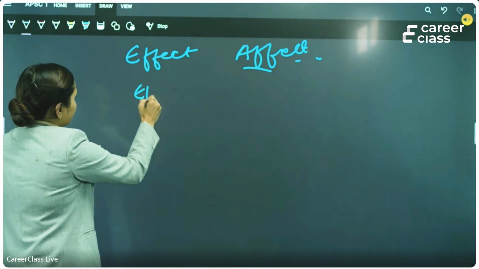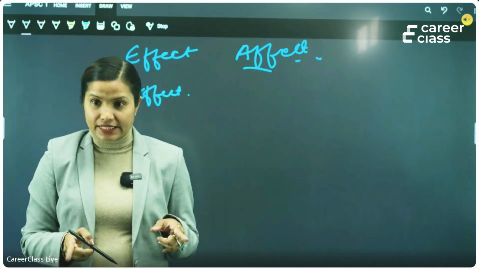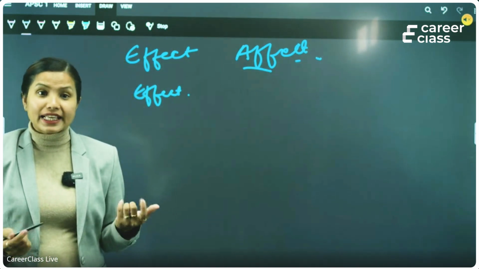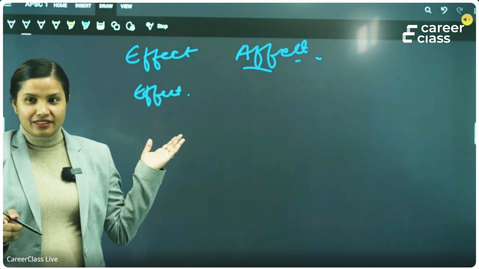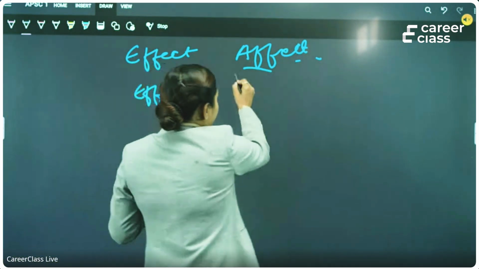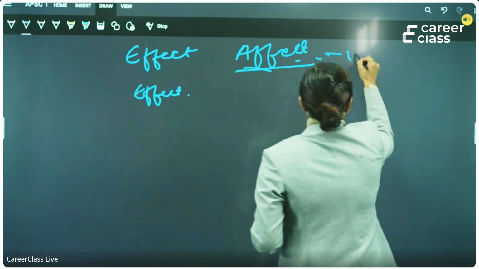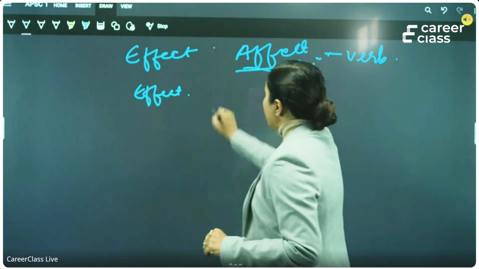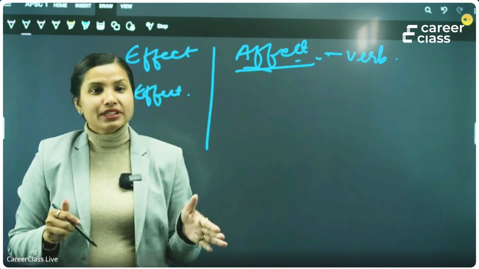Effect is a consequence, it is a result. Affect can also be a consequence. Then what is the difference? Affect is the verb form. Verb, kriya. So, I have been affected by a person.